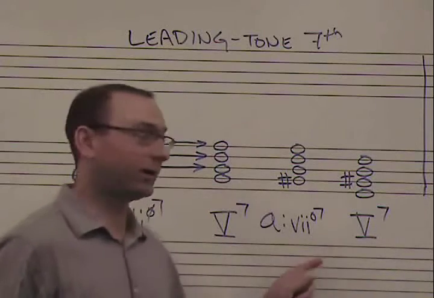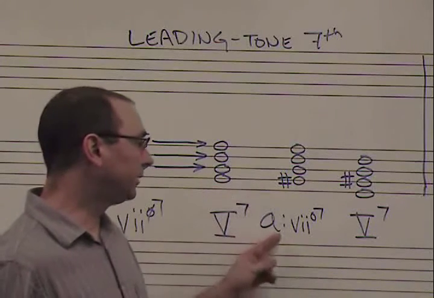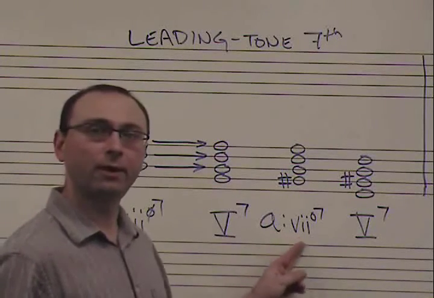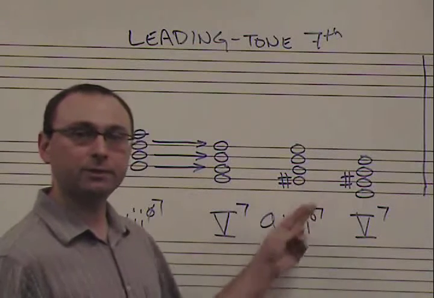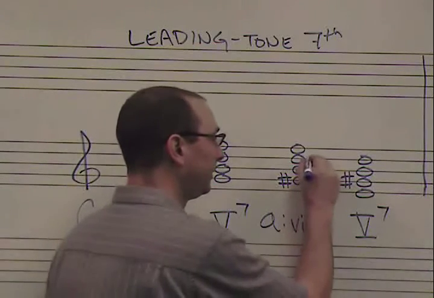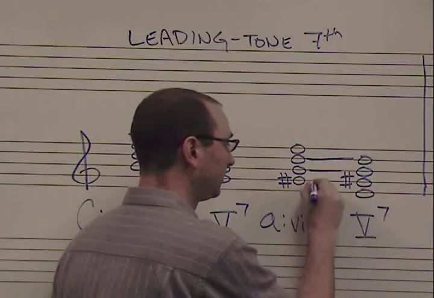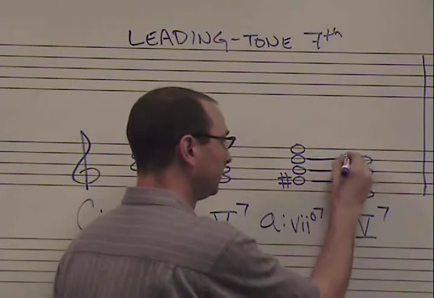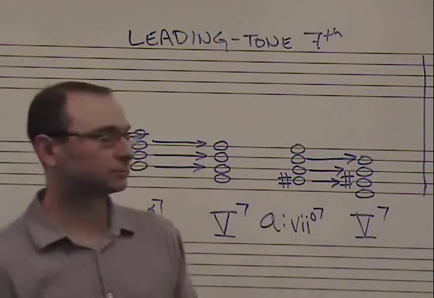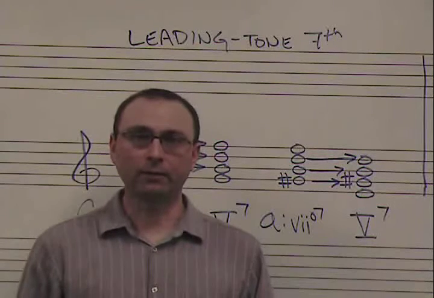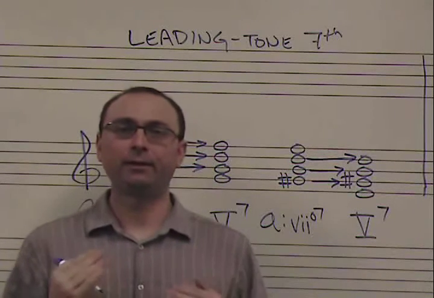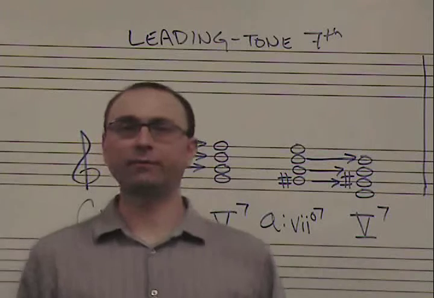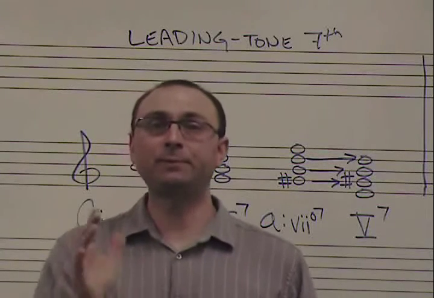As a 7th chord, the dominant and the leading tone full diminished 7th chord have 3 notes in common. Okay, so you can see that the dominant and the leading tone full diminished 7th chord could perhaps be interchangeable.